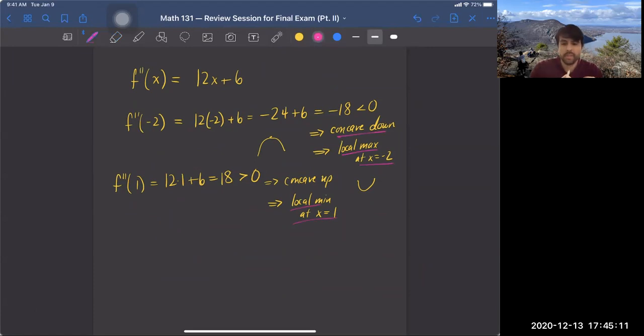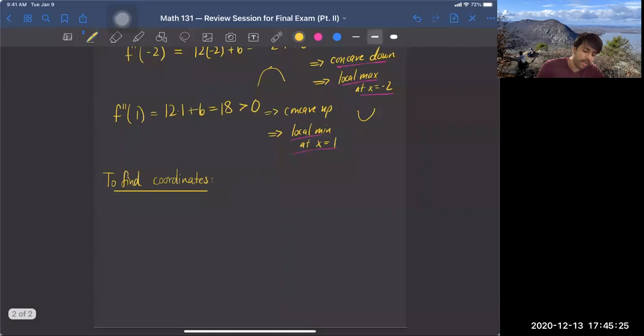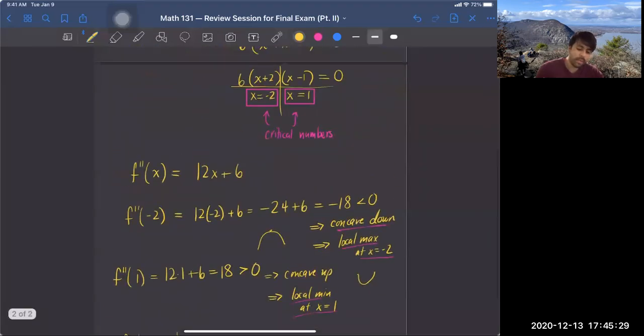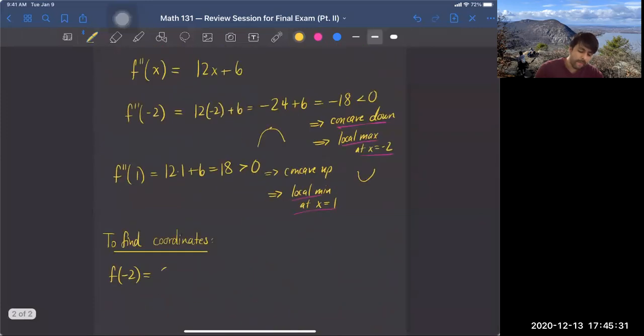I want to find the specific coordinates. To find coordinates, I need to plug the x values into the original function, of course. So if I want to find f of -2, I plug into my original function, which is 2 times -2 cubed plus 3 times -2 squared minus 12 times -2 minus 4.